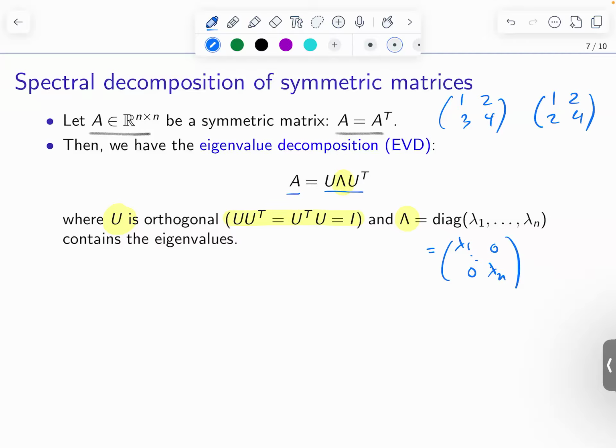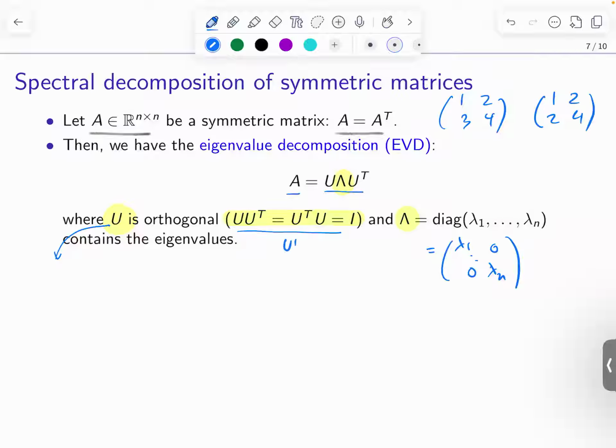Okay. So how many people have seen orthogonal matrices? Okay. 1%. I hope you have seen diagonal matrices. 2%. 3%. Okay, good.